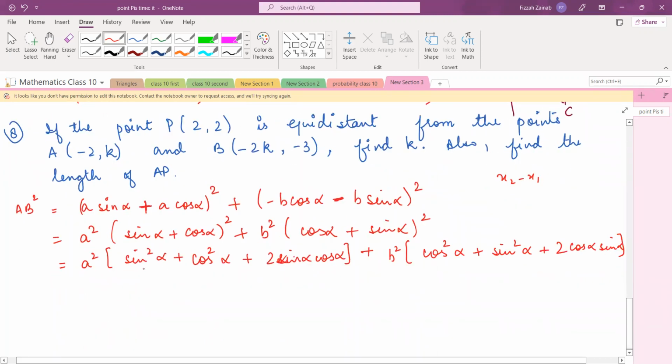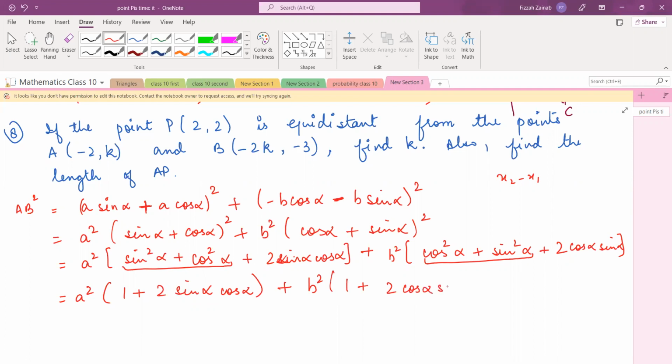Okay, so this becomes 1, right? Similarly this becomes 1 from the identity. So it will be A square into (1 plus 2 sin alpha cos alpha), plus B square into (1 plus 2 cos alpha sin alpha), right? Yes, ma'am.